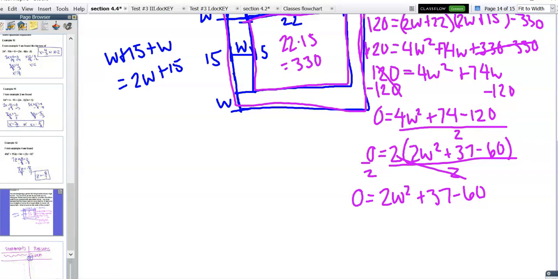And then it's just like what we did before. Multiply a and the c. We get negative 120. We're adding the middle term, so the bigger term will be positive.